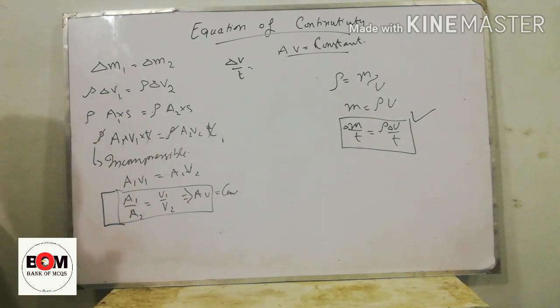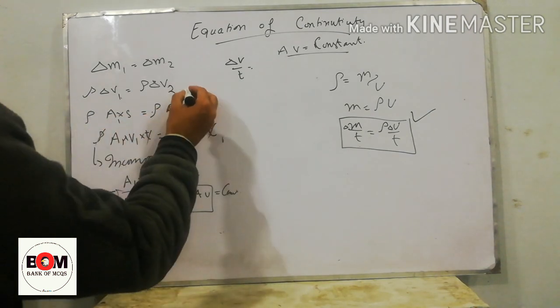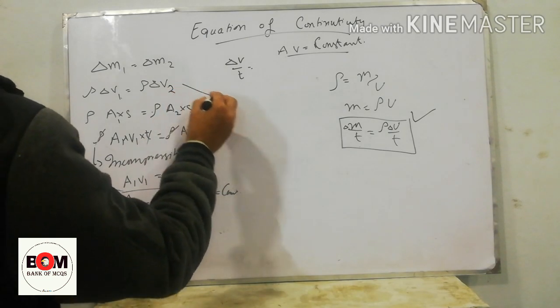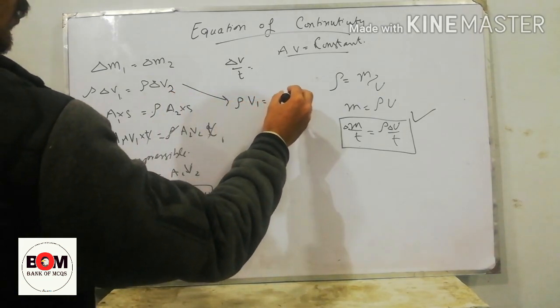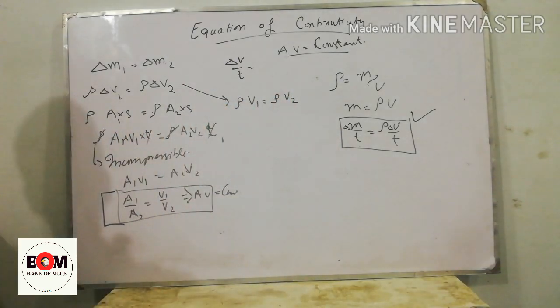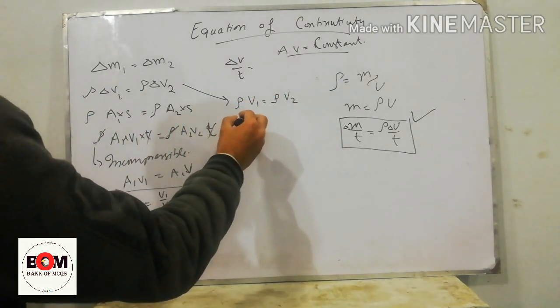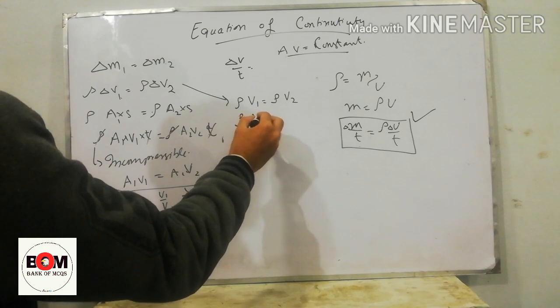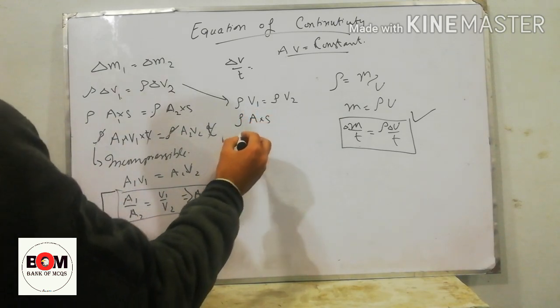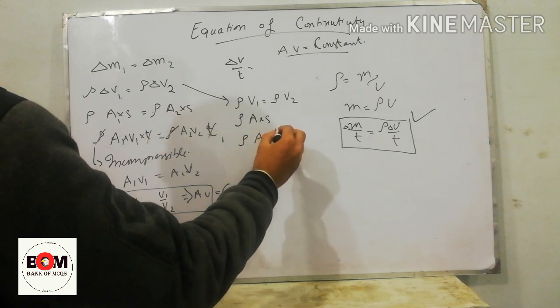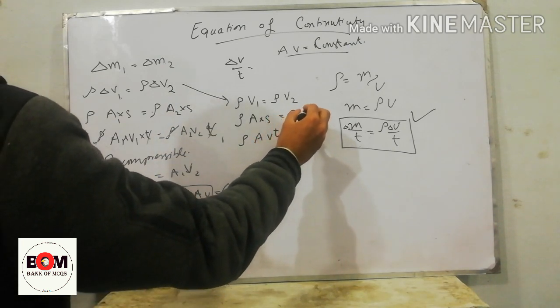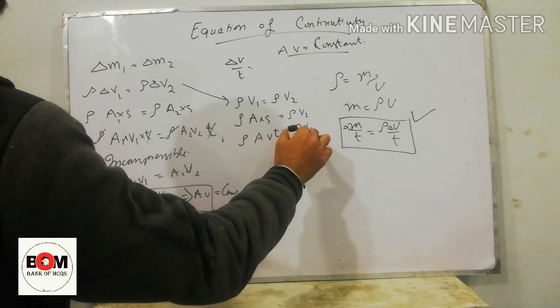So we know that from this, ρV1 is equal to ρV2. Putting V1 is equal to A multiplied by S, where S is equal to Vt, that is equal to ρV2.